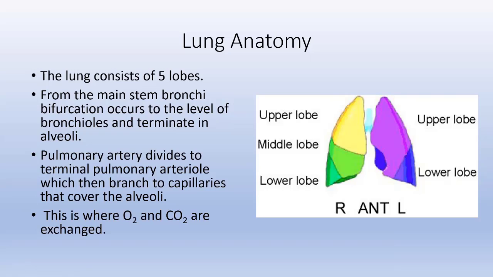From the pulmonary artery standpoint, they bifurcate down to pulmonary arterioles till they eventually get to a terminal pulmonary arteriole, and they arrive then at the alveoli as capillaries, again allowing for the exchange of carbon dioxide and oxygen.